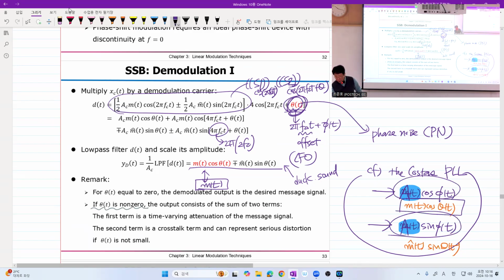However, in SSB, you have different signals, even though they have some relation, right? Because it's the Hilbert transform of the other signal. But what I want to say is that the receiver complexity must be increased a lot for SSB. So SSB is just a dream.